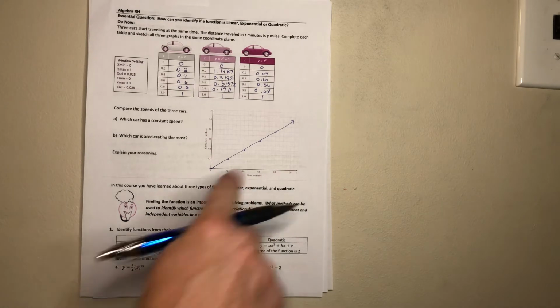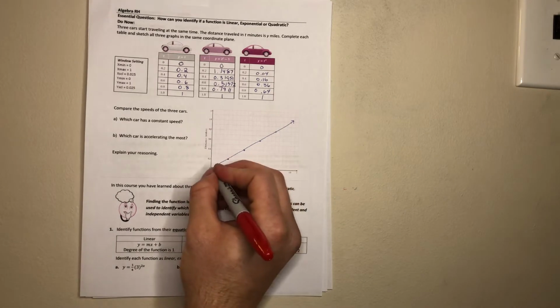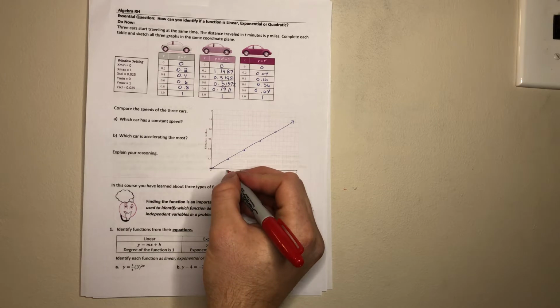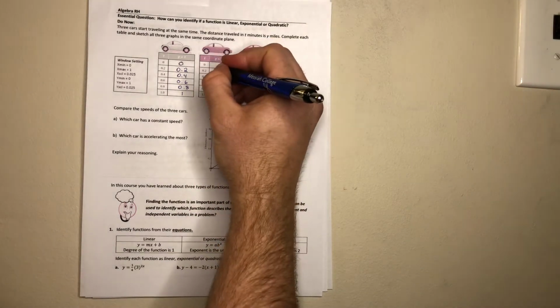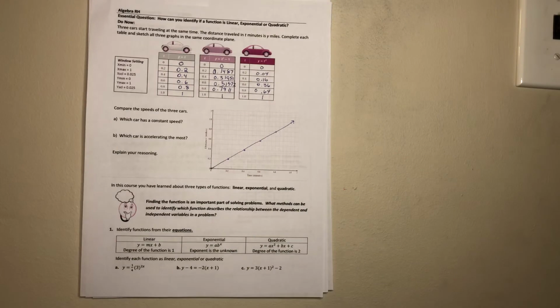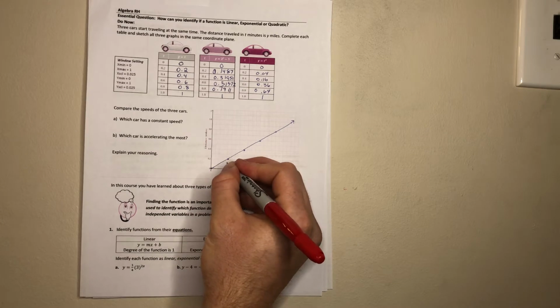All right, then we're going to plot the other one. We have 0, 0 again. Now for 0.2, I'm going to go a little bit past 0.1. That's my fault. I'm going to go a little bit above 0.1, which is right here.